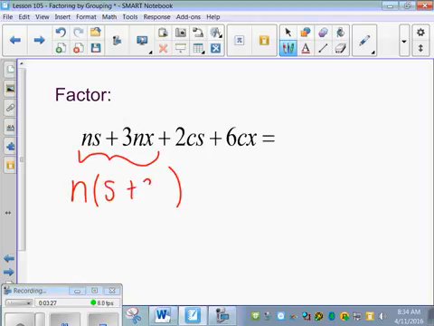Good. Okay, then we take the second 2 terms, and Ben, what can I factor out of the second 2 terms? Good. We can take out a 2 and a c, and the third term is positive, so I'm going to take out a positive 2c. So if I take out a positive 2c, Aaron, what's left?